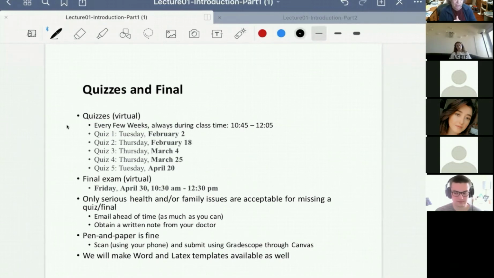Okay, every 3 weeks there's a quiz. Remember I said there are 5 of them. Here are the times, the dates. 1 through 5 are here. And the final exam. Write it on your calendars. Make sure that you don't miss them. Only a serious health or family issue is acceptable for missing a quiz or a final.